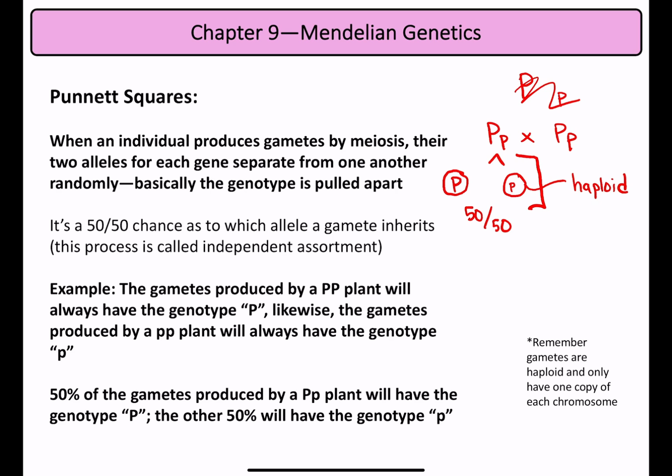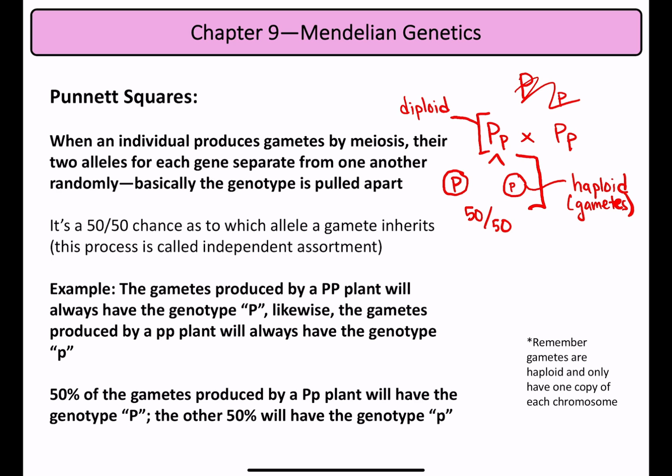So you only have one letter now. Right? The parent, before they do meiosis, their cells are diploid. They have two homologous chromosomes. Right? So these are the gametes. So the genotype of a gamete is always just a single letter. So hopefully that makes sense.